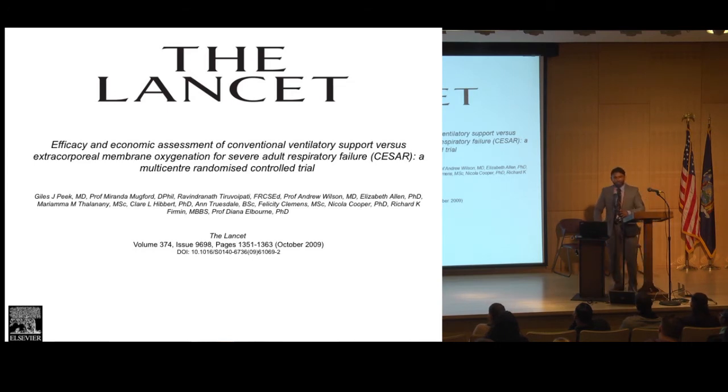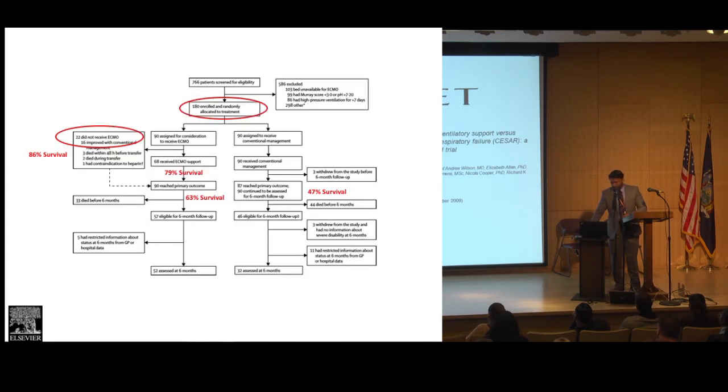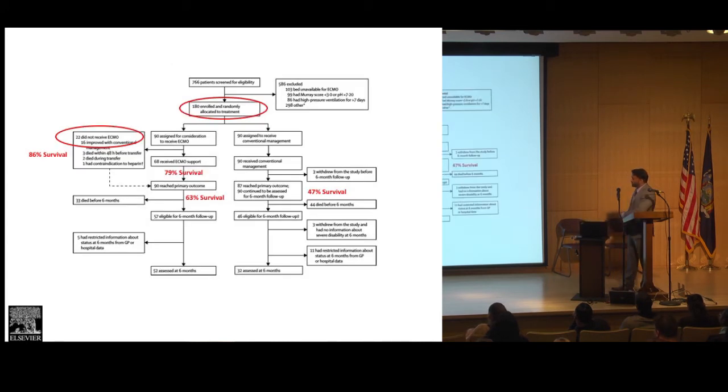Around the same time, 2009, another study came out in Lancet. This was done in the UK. They randomized 180 patients, 90 each, to regular centers that did not have ECMO, where patients were managed on a mechanical ventilator, or to centers that had ECMO, more like a tertiary setting.